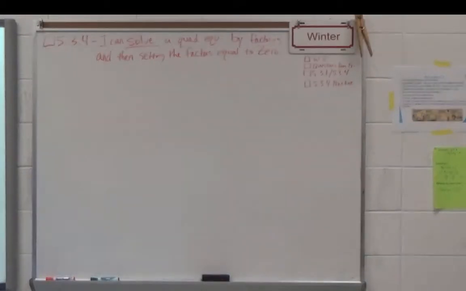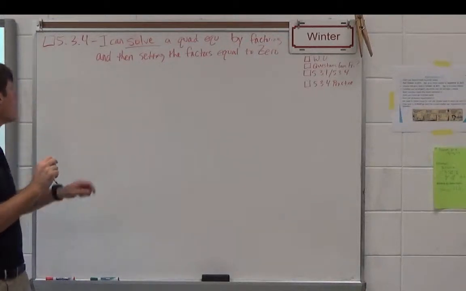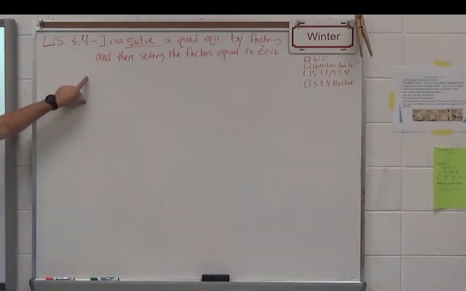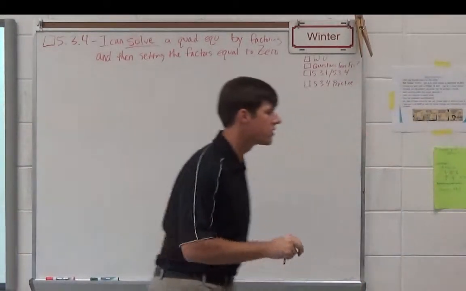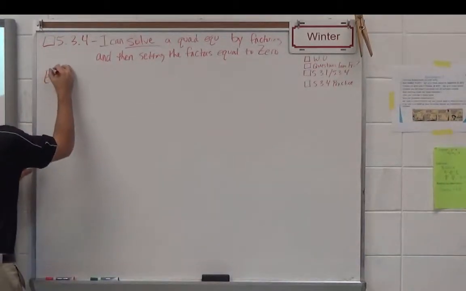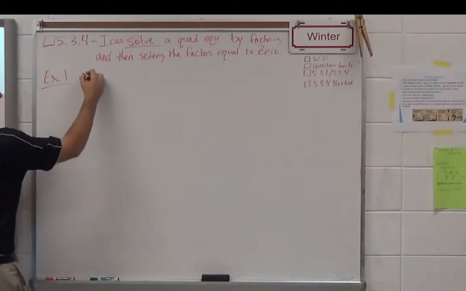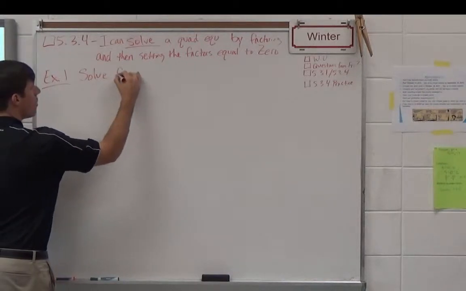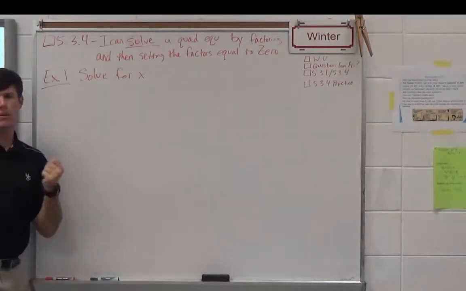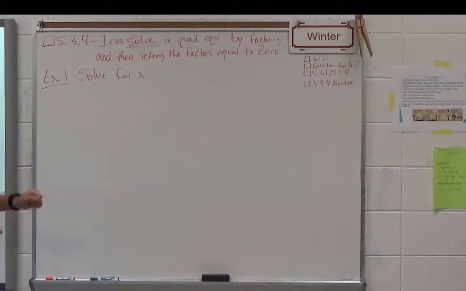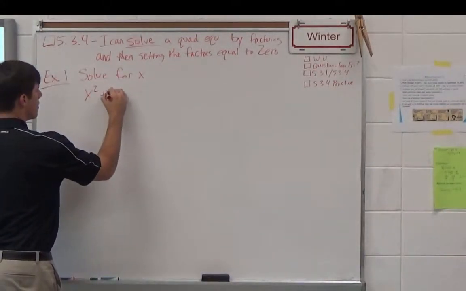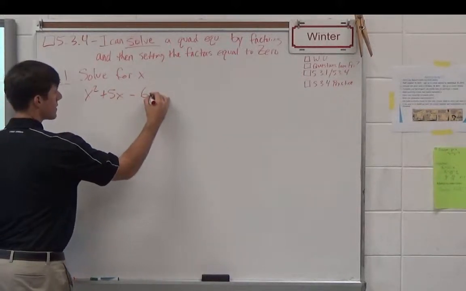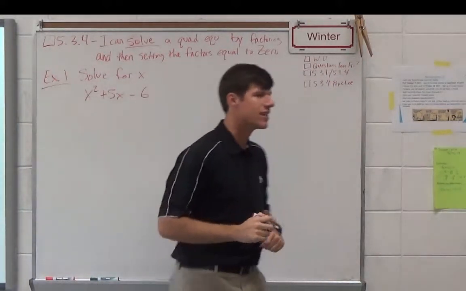Let's go ahead and talk about an example, and that'll lead us into these keywords. The first one I'm going to show you is example 1. Solve for x. We're going to solve this by factoring. The first example is x squared plus 5x minus 6 equals 0.